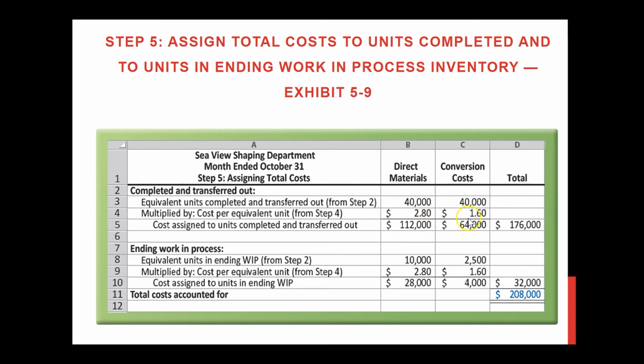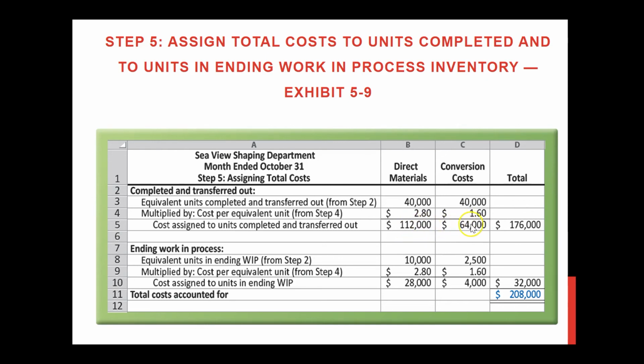And we can do the same thing for conversion cost. This 40,000 for conversion cost we got from table 1, and from our previous table we got the cost per equivalent unit for conversion cost, $1.60. If we multiply these two, we'll figure out the cost assigned to the units completed and transferred out, and for conversion it's 64,000.